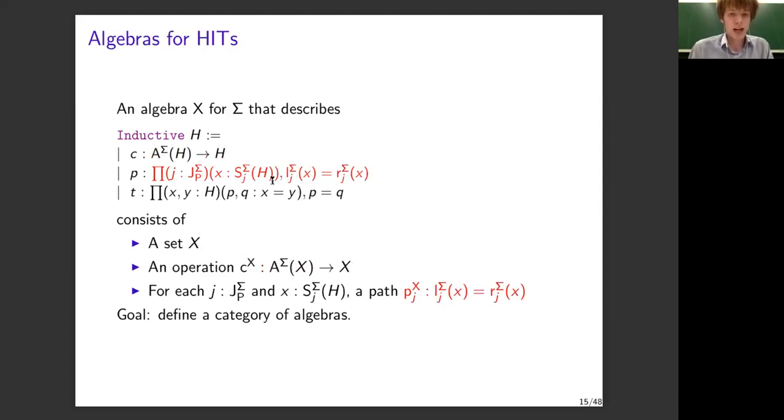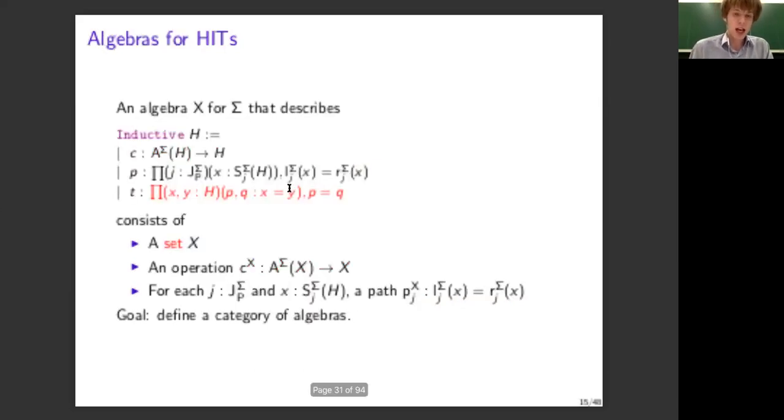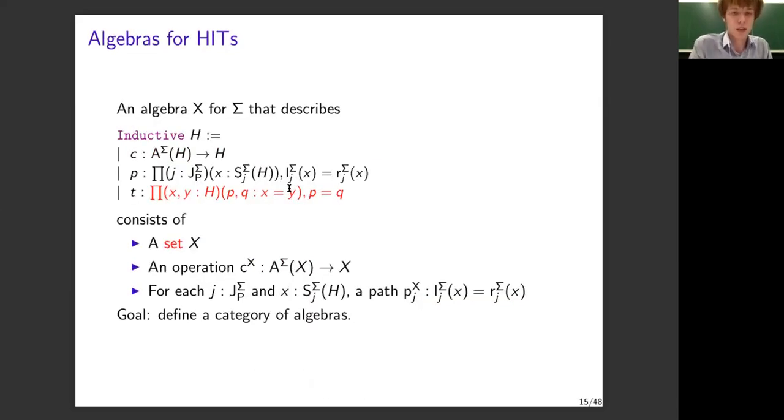Furthermore, there are equations that are supposed to hold, and these also can be read off from this one. So you need to have paths like this. And lastly, since we're working with set-truncated higher inductive types, the carrier must be a set.